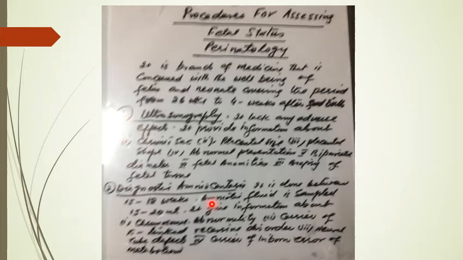Amniotic fluid is sampled, 15 to 20 ml in total. It gives information about, number one, chromosomal abnormalities. How can we check chromosomal abnormalities from fluid? The amniotic layer cells are shed in the amniotic fluid, and we can collect those cells for DNA study of the chromosomal abnormalities.